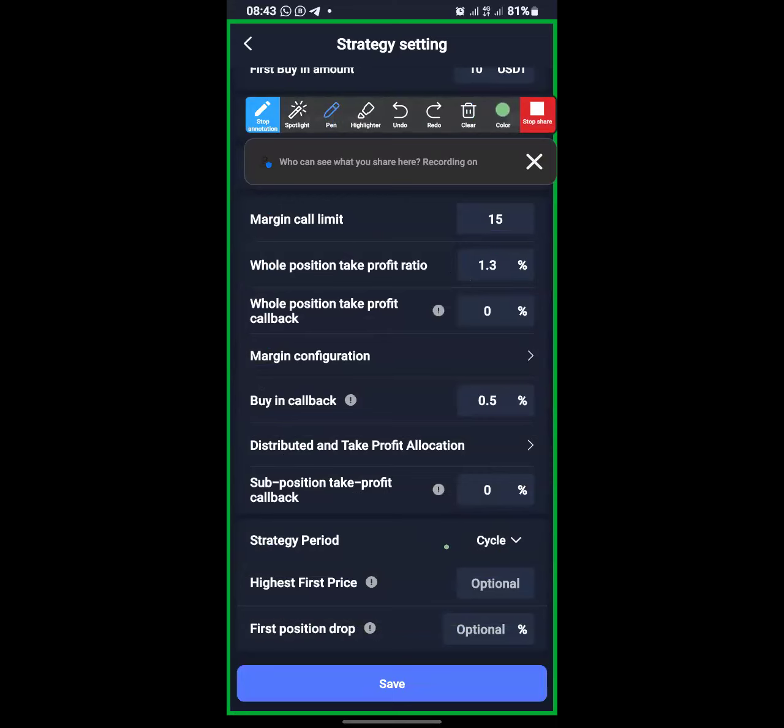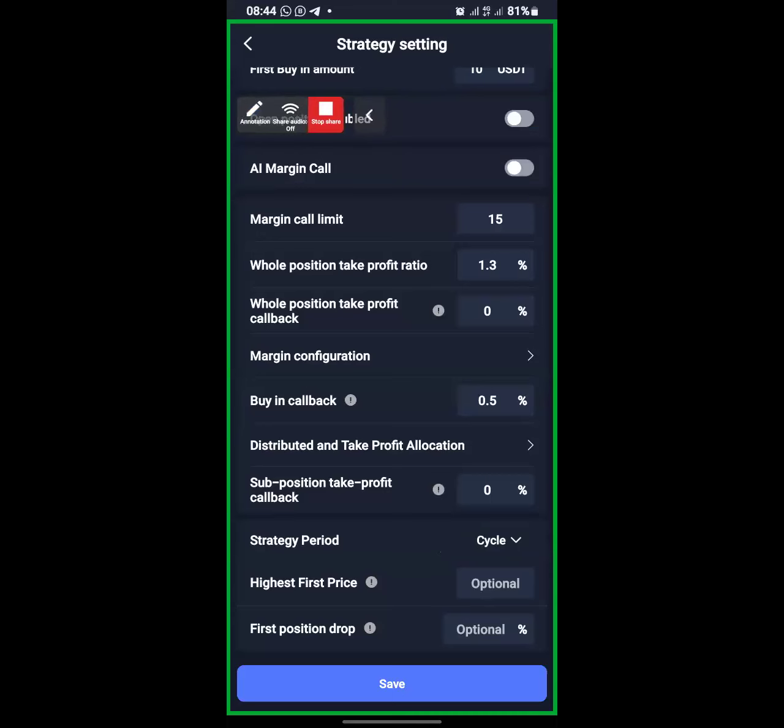You can change it from cycle to one shot when it has sold all the sub positions and has been pumping and selling the first four margin calls over and over again. Then you put it on one shot, it gets out, you find another coin and set sub positions.